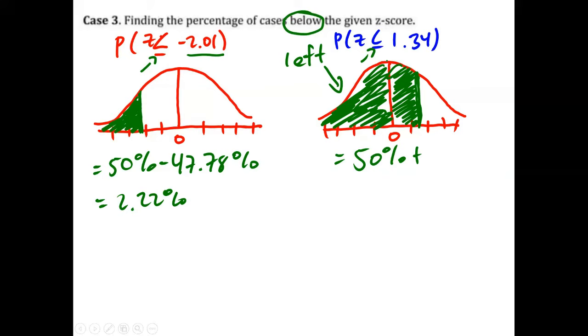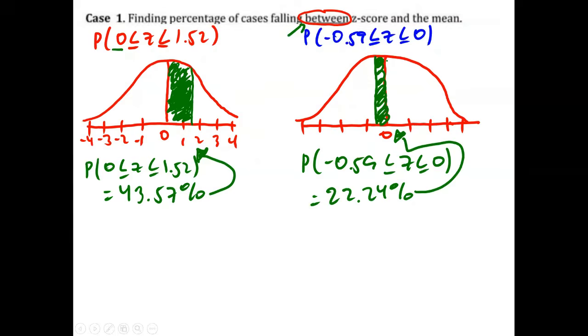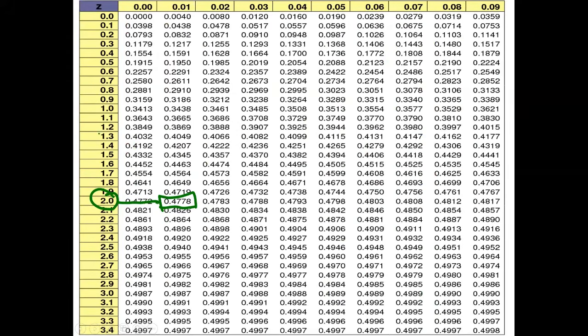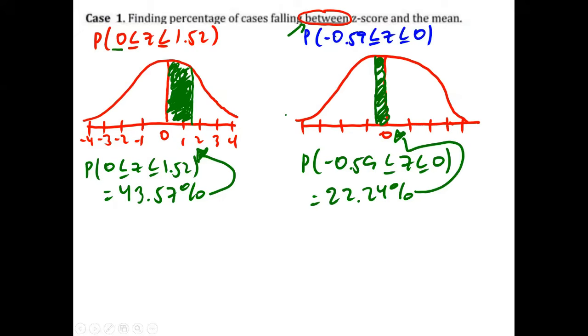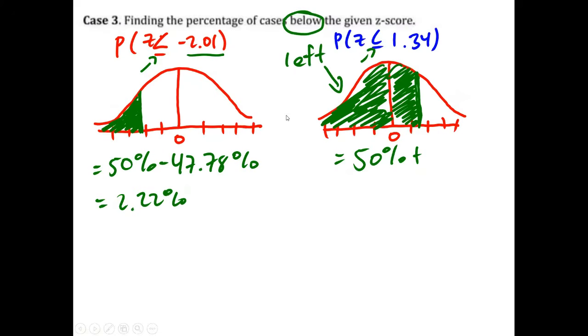Okay. 1.34 sa inyong z-table. 1.34. This is 1.3. Punta tayo sa 0.04. Okay. Ito, we have 40.99. Okay, tama ba? 1.34. Tama. 40.99.